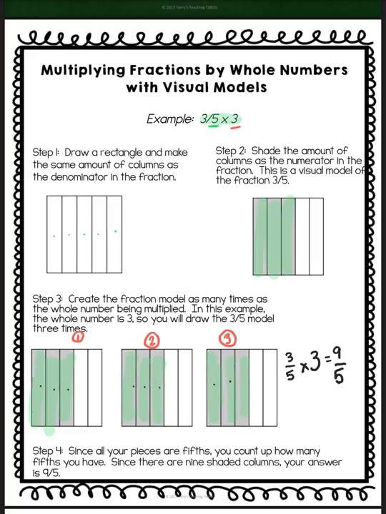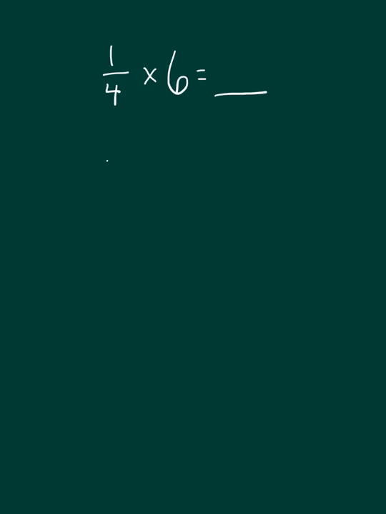Okay, we're going to go ahead and do another example. Okay, here's our example number 2. 1/4 times 6. So here we're going to draw a square that's divided into fourths.